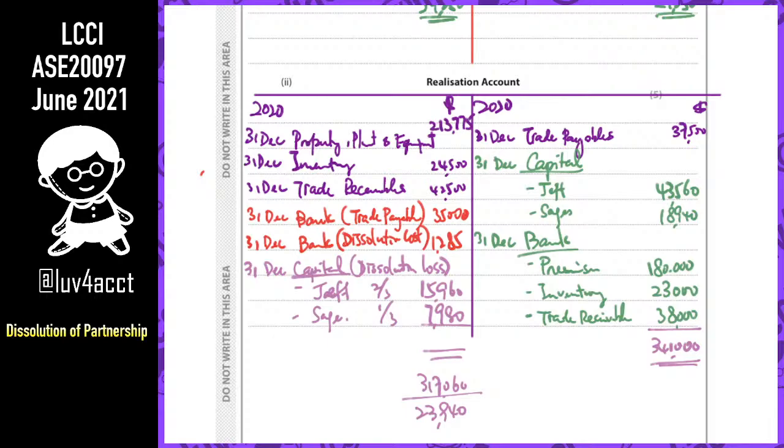I mentioned that there's another way to deal with trade payables. That is, we do not put the trade payables here. If we do not do that, then this payment will also be treated in another way. Here what we can do is to put the net amount of the two sides, 37,500 and 35,000.